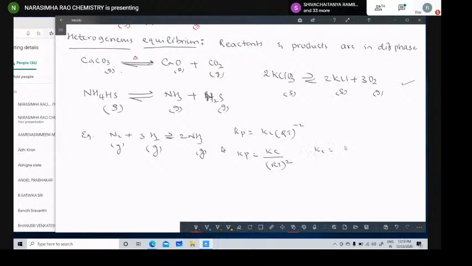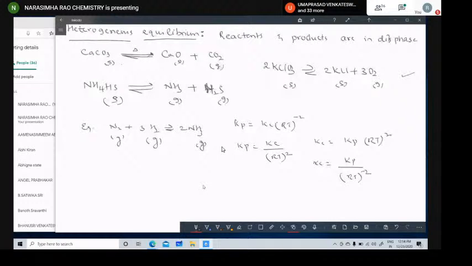Now, Kc is equal to Kp into (RT) squared, or Kc is equal to Kp by (RT) whole power minus 2. Children, are all these relations correct or incorrect for this given equation? Correct. Right.